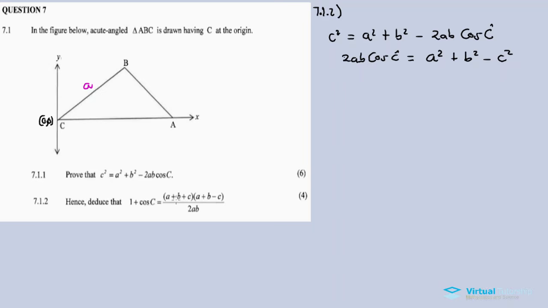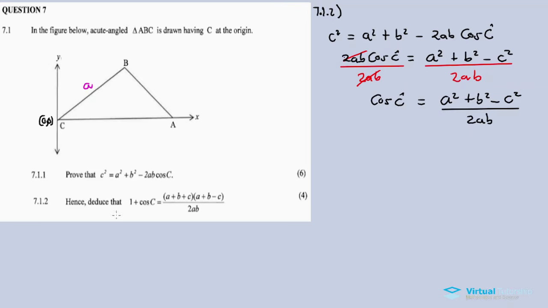Because of this pattern, oh, it's a plus b plus c. Clearly a and b and c must be together. So I took this and brought it to the left hand side. Now let's get, aha, right. Divide by 2ab. This 2ab cancels with the 2ab on top, and then we are left with this, right?